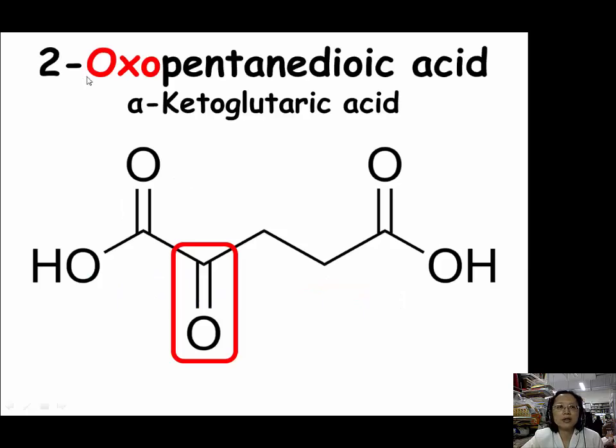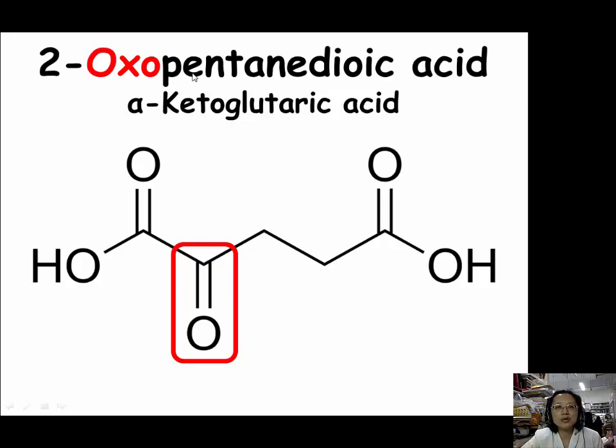Let's see our example. Our example for oxo is 2-oxopentanedioic acid. It is also called alpha-ketoglutaric acid.